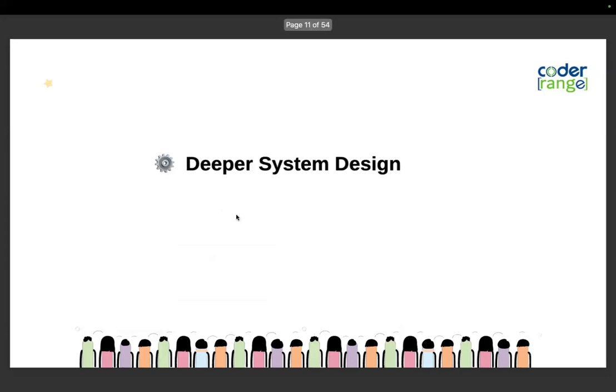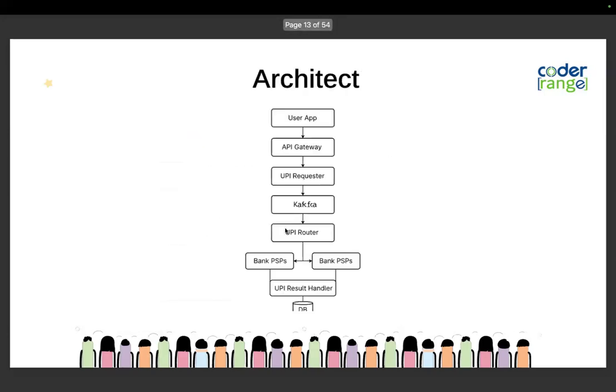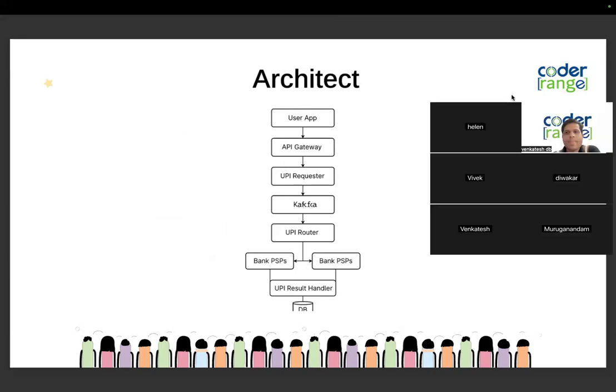So let's try to understand the actual system design of Paytm now. A user app interacts with the API gateway, and it will do a UPI request. Remember this, this is how they designed the new system. There is a UPI requester.